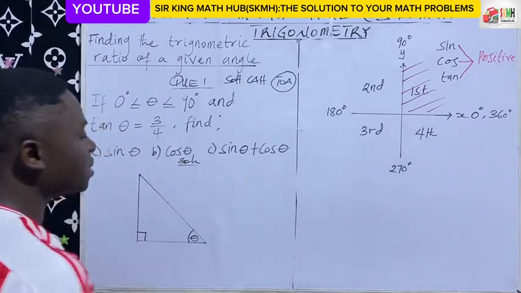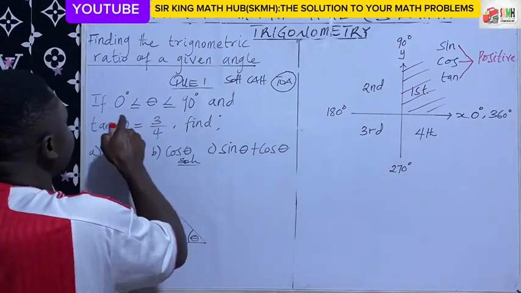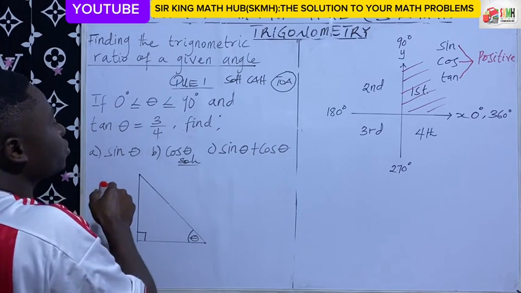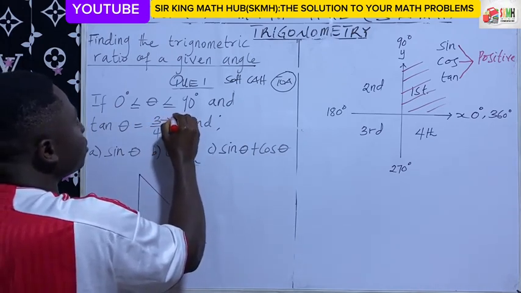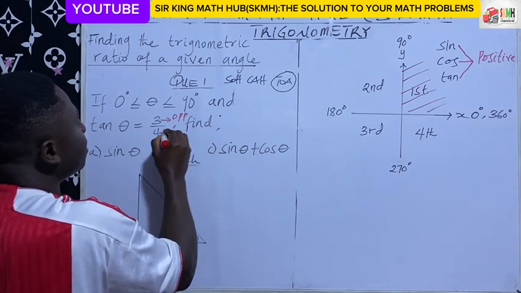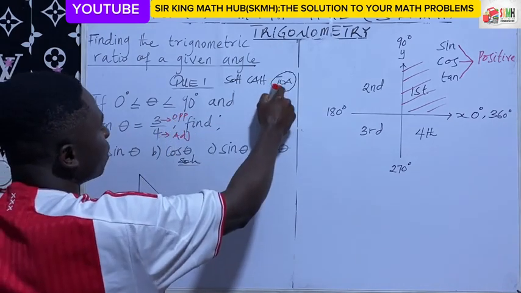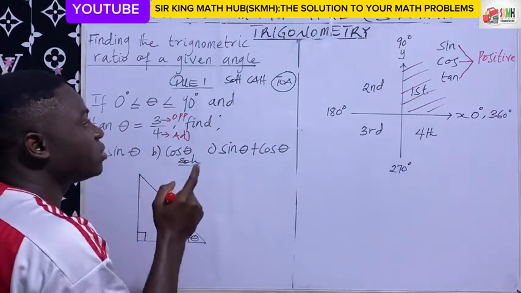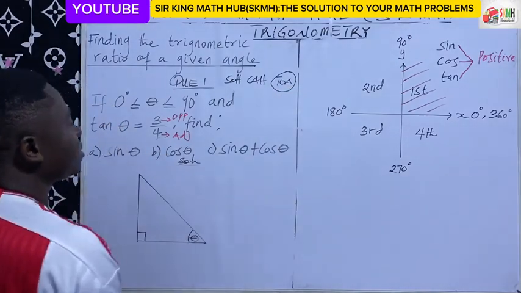So meaning that from this trig ratio, tan theta is equal to 3/4, 3 here represents the opposite, and then 4 here represents the adjacent, because that is what TOA says. TOA says that the tan of the acute angle must be equal to the length of the opposite divided by the length of the adjacent.